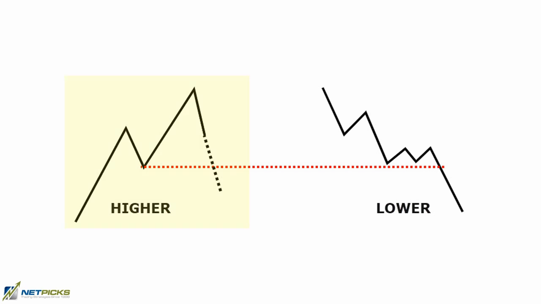As an example, this is a higher time frame example on the left. We have essentially a bull flag in an uptrend. The uptrend is determined just by higher highs and higher lows. But on the right, the lower time frame is putting in lower highs and lower lows. That's a downtrend. Now the right side chart moves so much it actually forced the higher time frame to put in a lower swing low.